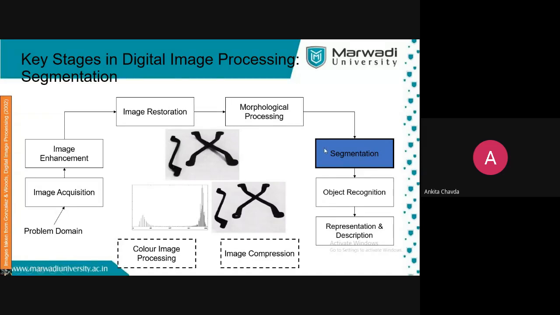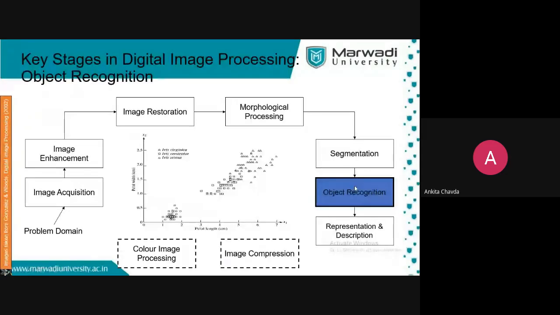How well you do the segmentation, object recognition would be much better. So this is object recognition. That at this many places, the object is this. Suppose you are giving one of the objects as square. That is iris versicolor, virginica, and here is this setosa.